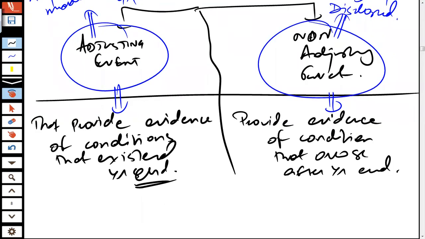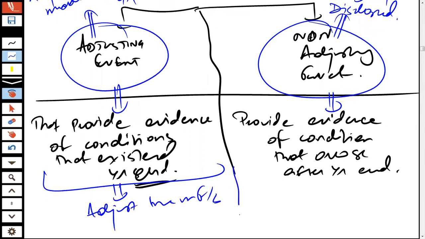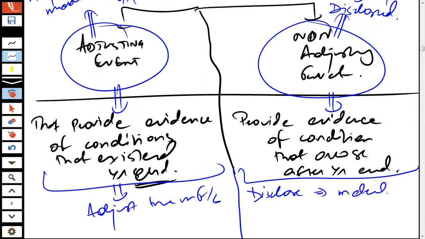So basically, as I have discussed, you adjust the adjusting events in the financial statements, and with respect to non-adjusting events, you disclose them if they are material events.